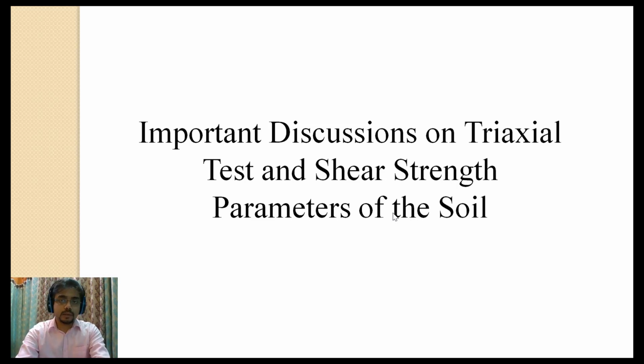But in terms of the UU test, that means the unconsolidated undrained test, the soil can be saturated, or cannot be saturated. It depends on the site profile, the site conditions, and the laboratory conditions. So for the UU test, the soil can be fully saturated or partially saturated. Whatever test results we have given in the case of the UU test, we are going to discuss first.